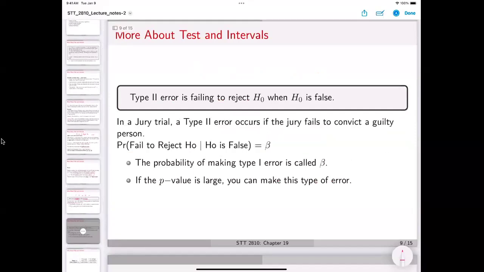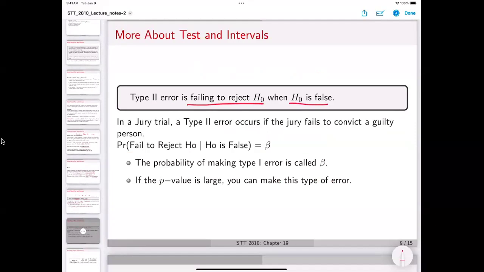The other error is the type 2 error. Type 2 error occurs when we fail to reject. You see, type 1 error is reject. Type 2 error is when we fail to reject the null hypothesis when the null hypothesis is false. If the null hypothesis is false, we should reject it.